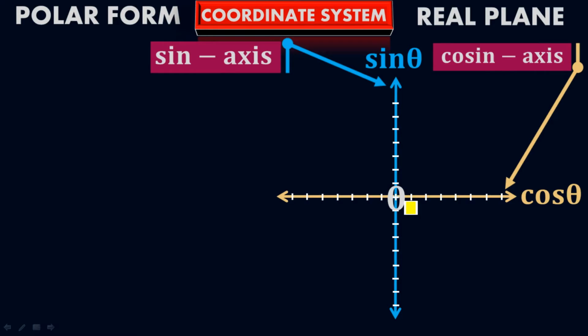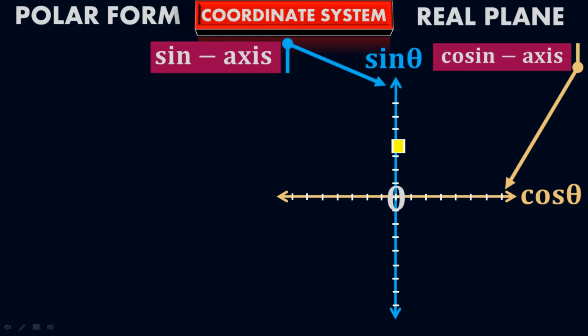Look, from the polar form we need to consider the angle in the coordinate system. We are taking the angle in the polar form. Therefore, this horizontal light brown line is the cosine theta. It is the cosine axis, which means that it represents all the angles in cosine form.